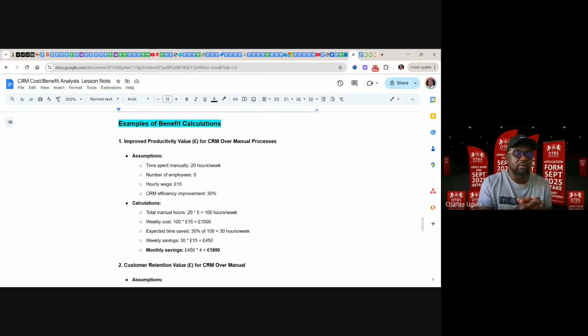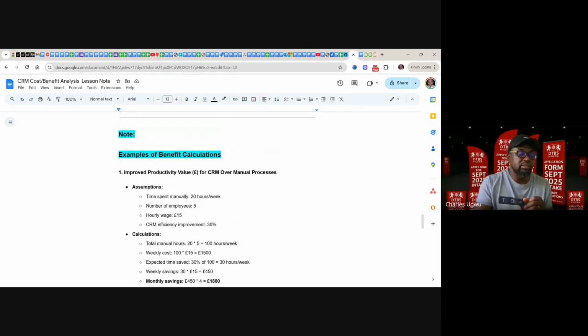So this calculation here is an example of how to calculate benefits. Try to be careful, because that's why I'm explaining it to you, so that you know I don't have backup for some of them.